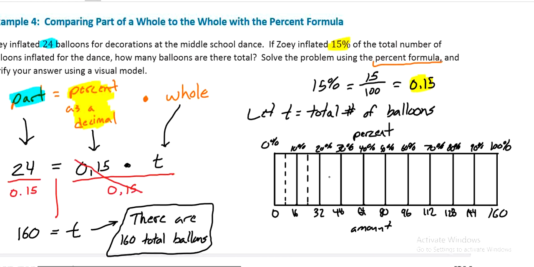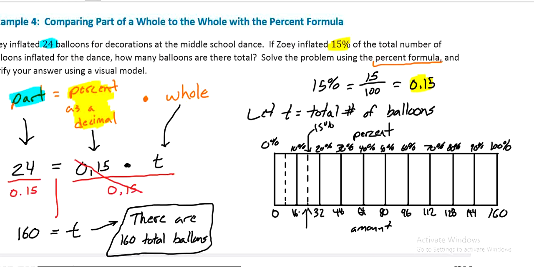All right, so really back to these dashed lines though. I put them there because 15% is exactly halfway in between 10 and 20%. Just like 15% is perfectly halfway in between 10 and 20%, our number for the amount of 15% needs to be right in between 16 and 32.